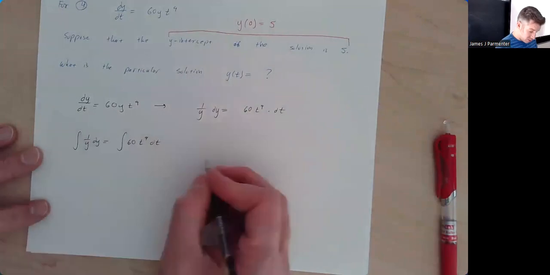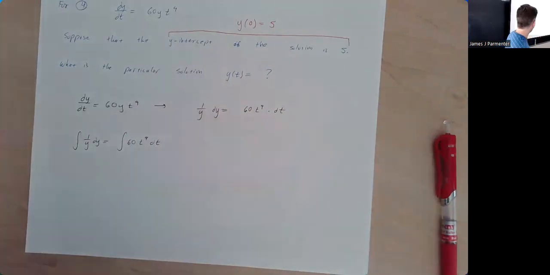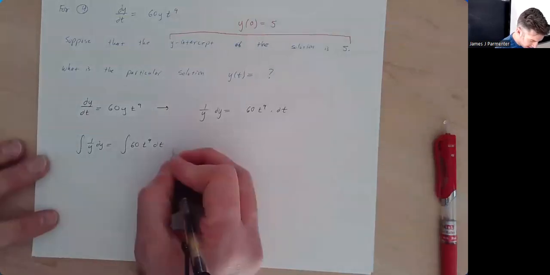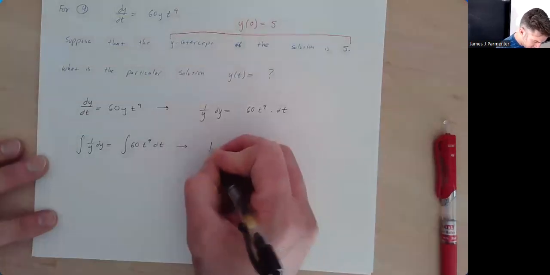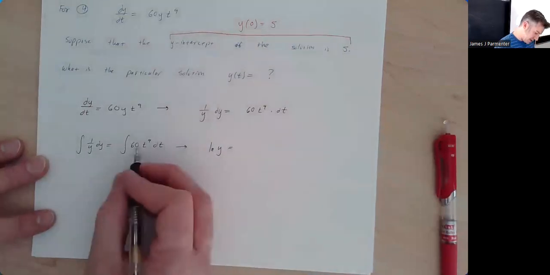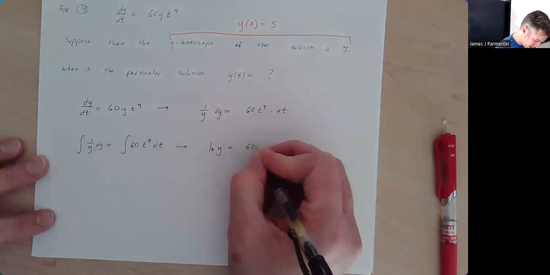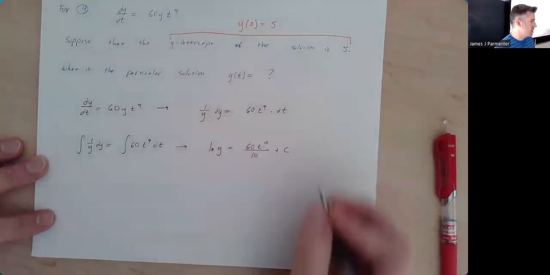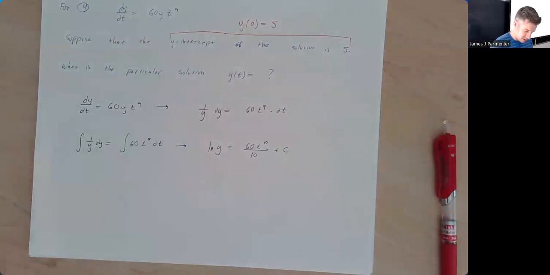Let's see, actually doing the work. So normally I would write natural log of the absolute value of y if I'm anti-differentiating this stuff, but really, as long as you are careful, you don't have to worry about the absolute value. I'm going to jump straight to saying the natural log of y is equal to the antiderivative of 60 t to the 9th, which is 60 t to the 10th over 10 plus c. And of course, the 60 over 10 is going to reduce down to 6.